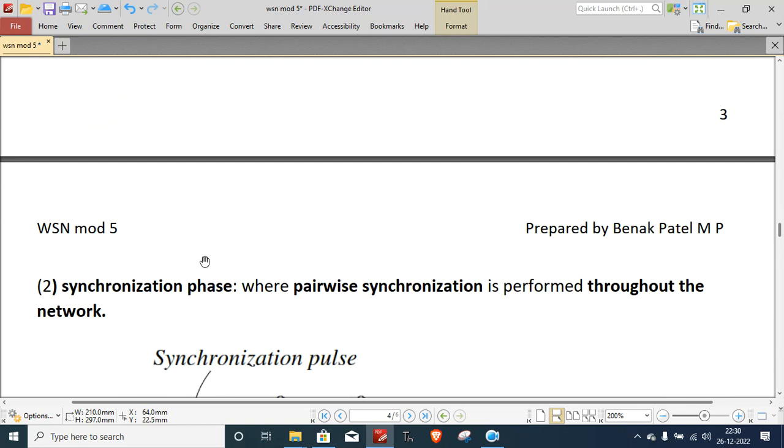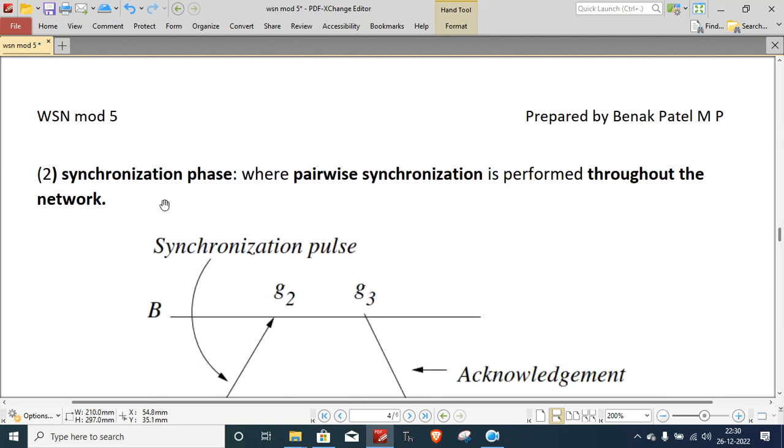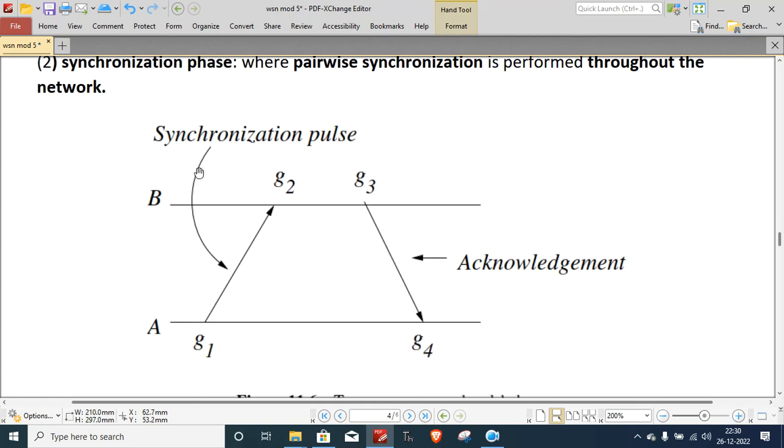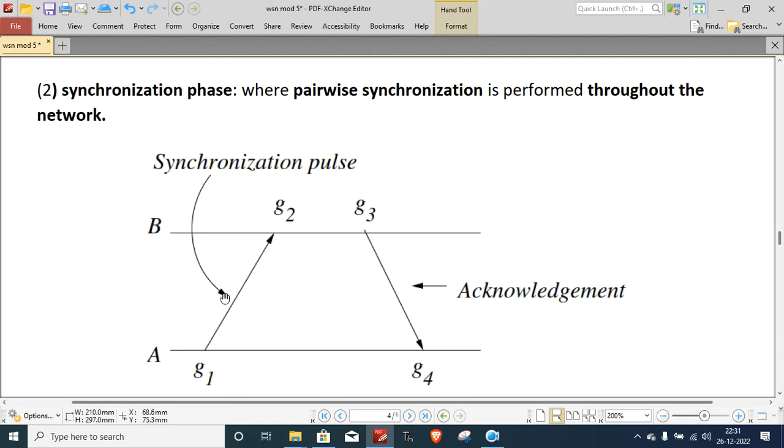After forming the hierarchical structure, the synchronization phase comes into action, and this is where pairwise synchronization is performed throughout the network. Even though we could rely on broadcast synchronization, in TPSN pairwise synchronization happens throughout the network. Let's see how the synchronization works.